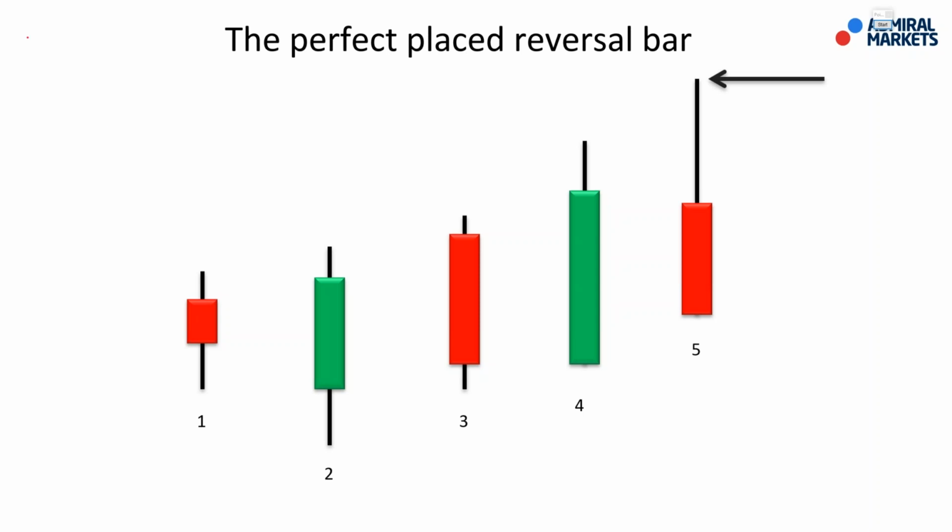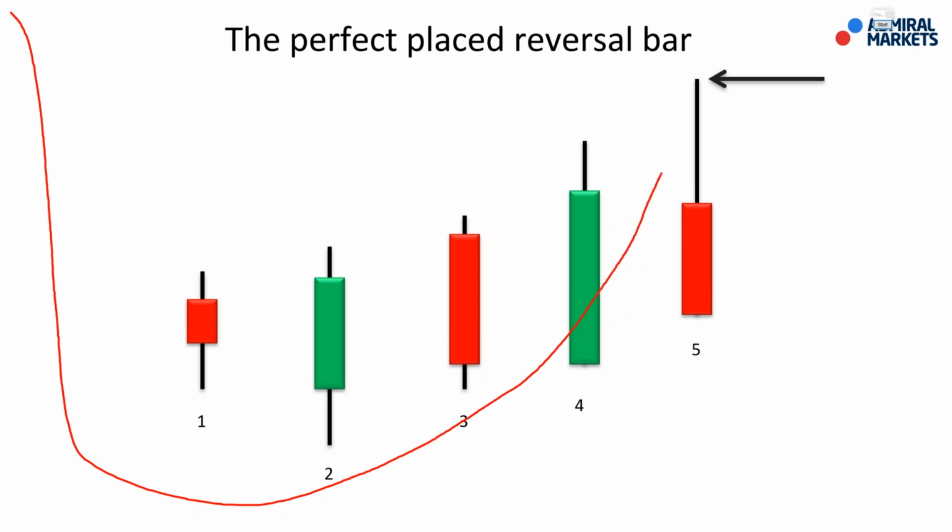Maybe you have here your short trend, the correction, and the perfectly placed reversal bar in a short direction is the highest high within the last 5 candles. Not here, sorry, the highest high within the last 5 candles.